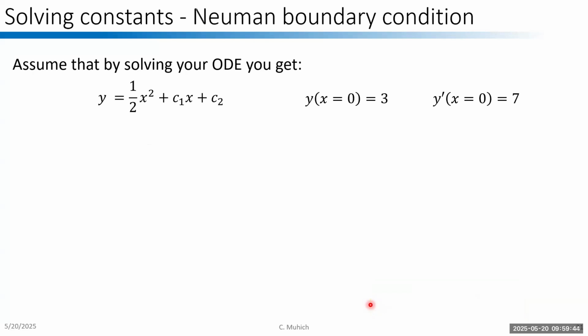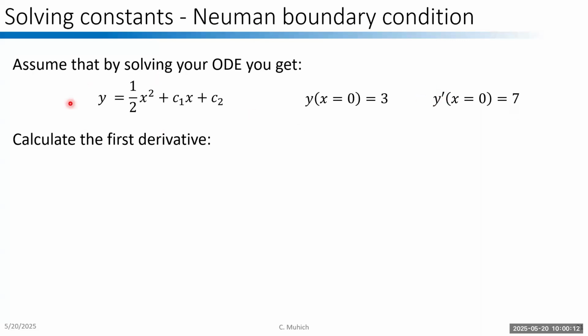Let's do the same thing, but using Neumann boundary conditions. Again, I have y equals 1/2 x squared plus c1x plus c2. I'm assuming that we're given that y at x equals 0 is 3, and that my first derivative at x equals 0 is 7. So we need to know my first derivative.